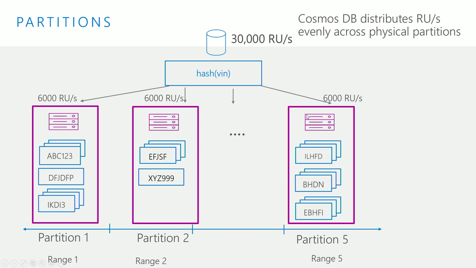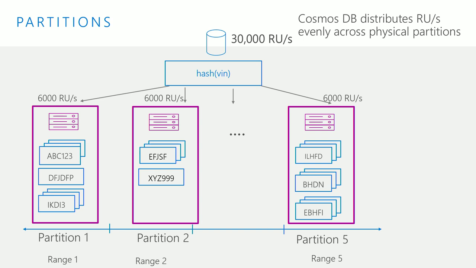Since the RUs are distributed evenly among all the partitions, if I keep writing to the same partition, I'm going to get bottlenecked, and my overall throughput is going to suffer. That's why, for write-heavy scenarios, you want a high cardinality of values, and then write them all to Cosmos DB at a high rate.